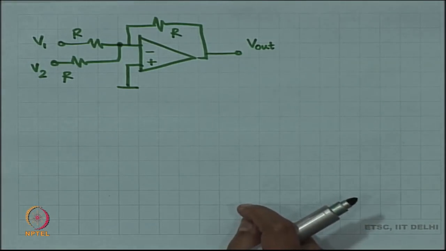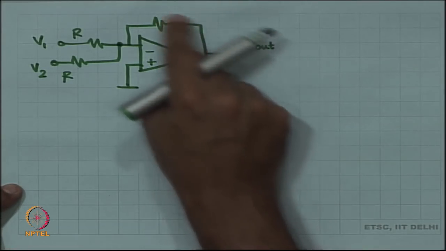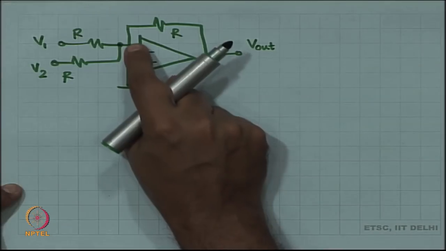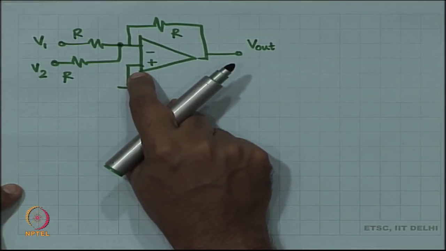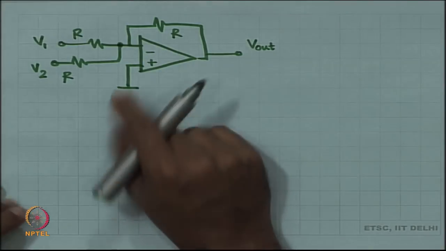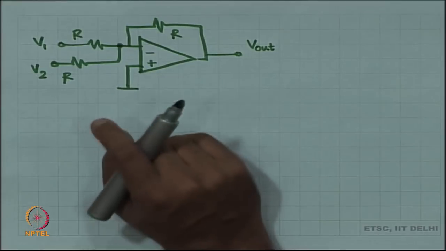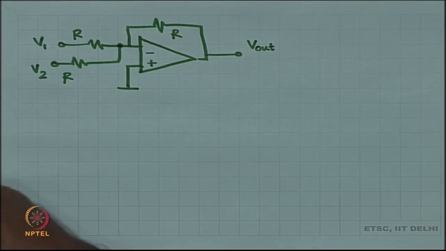So what is going to happen here? If there is negative feedback, then the minus terminal will be equal to the plus terminal. That is the idea. Number 1, if there is negative feedback, minus and plus are going to be equal.